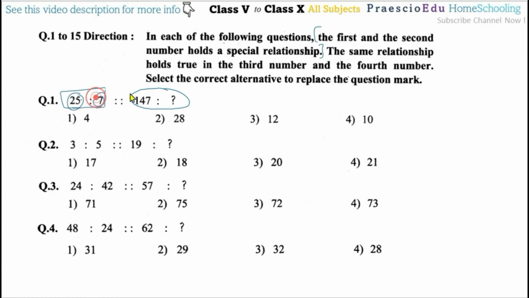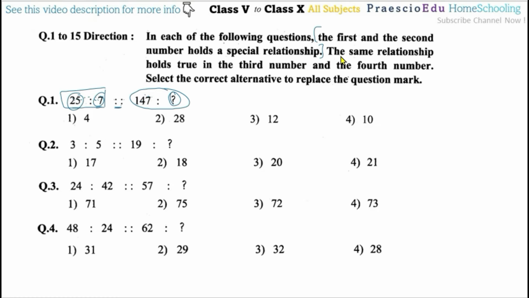These two different groups or pairs have some common relation, so that is why we see these symbolic forms. The same we have seen in words and figures also. Now the question mark is the term we have to find out. On the basis of this relation, the same relation we have to apply with this number. This is a very easy part, but for this the mathematical operations must be known.